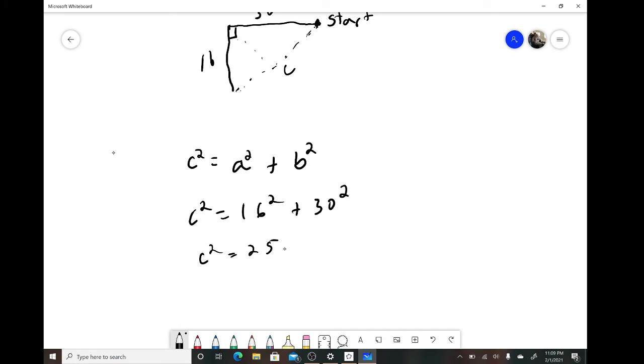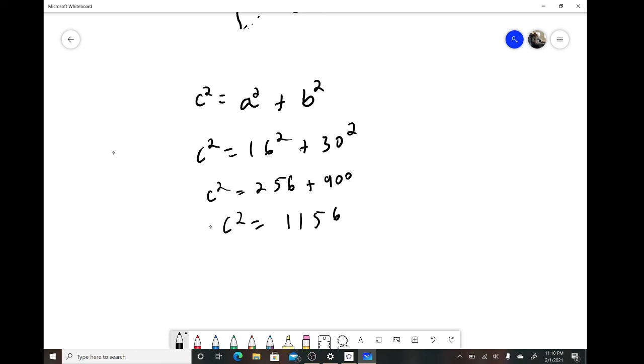Yeah, I think it's 256. And 30 squared should be 900. So we have c squared equals 256 plus 900, and that should give you 1156.